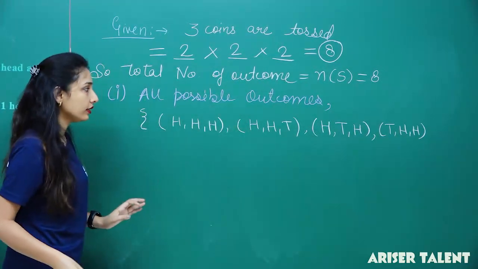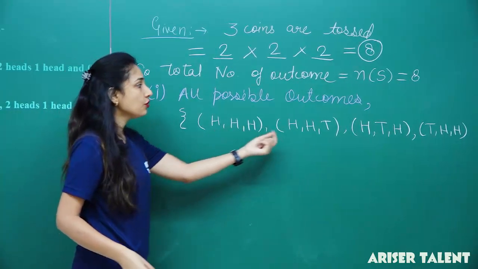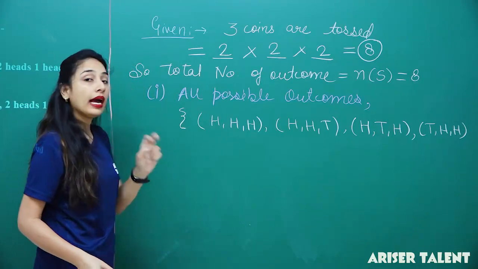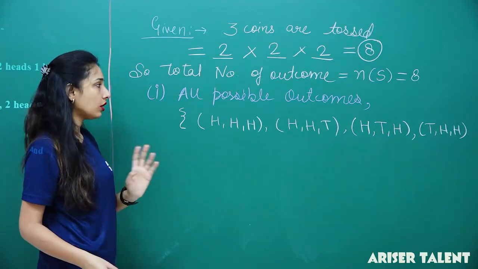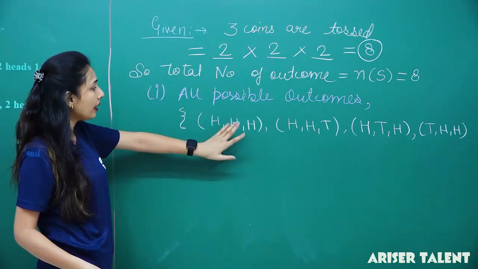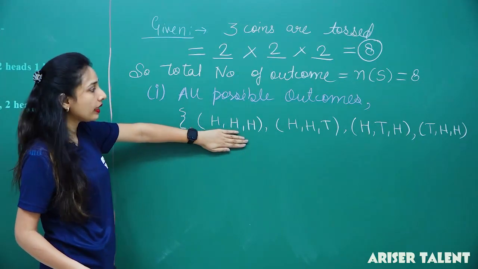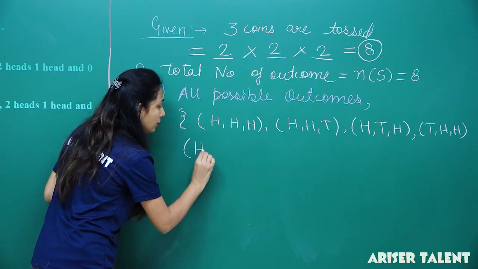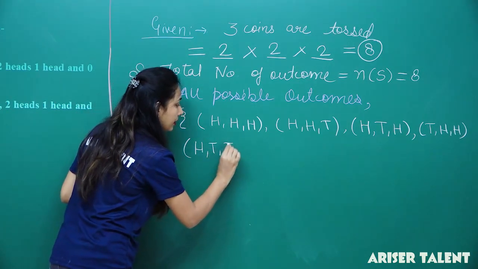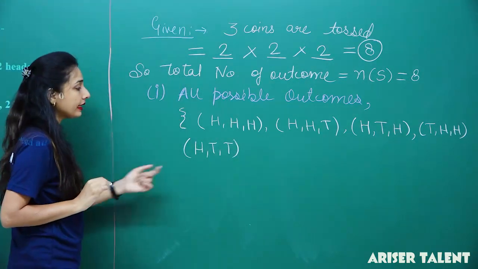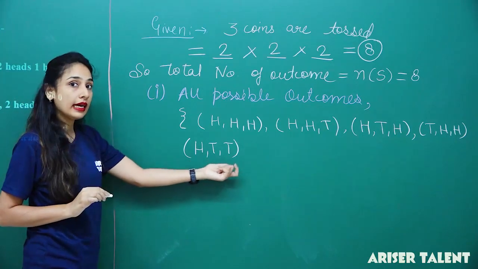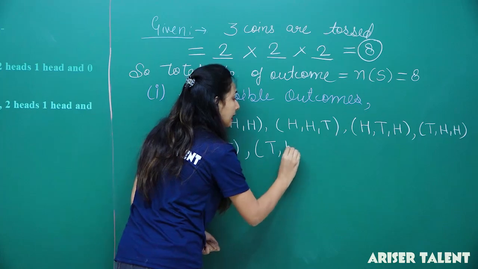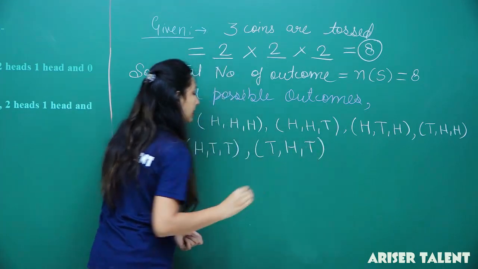So these are the 4 cases: 3H, 2H, and again 2H and 2H. Now I can have 2 tails or I can have 3 tails. So I have started with no tail, then 1 tail. Now I'll be having 2 tails in the coins being tossed. So head, tail, tail. Now I can replace that with tail, head, tail.